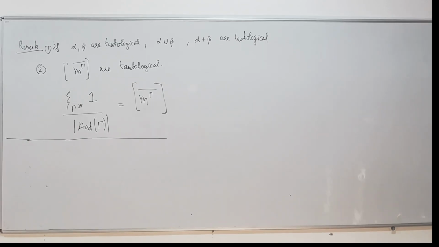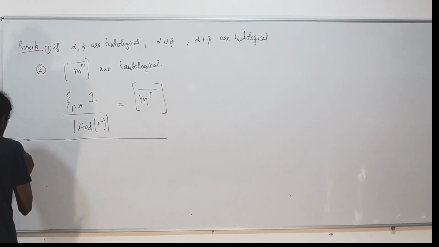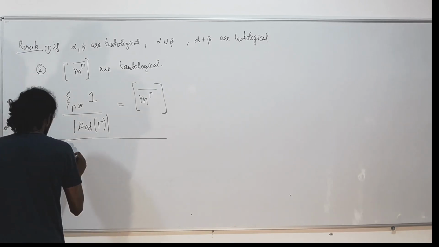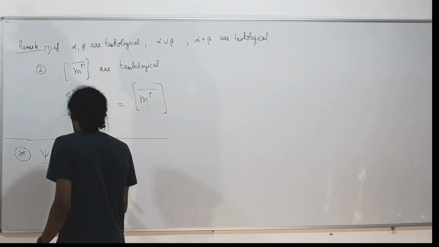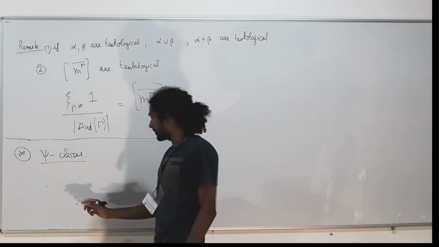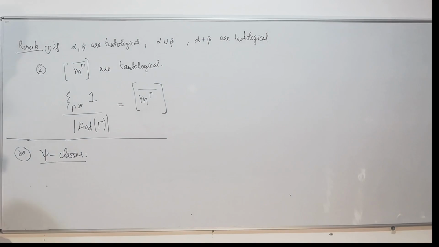Okay, now we need to look at some cohomology classes. So the first one is going to be the so-called psi classes. Probably you've already seen these or heard about these at least.